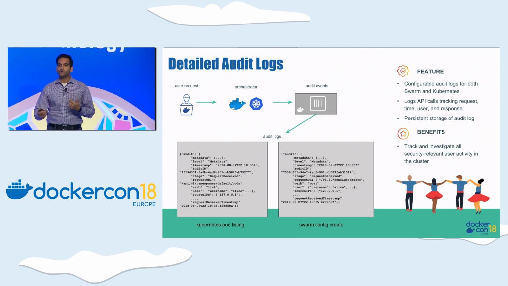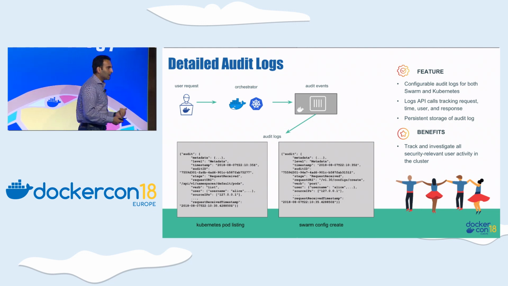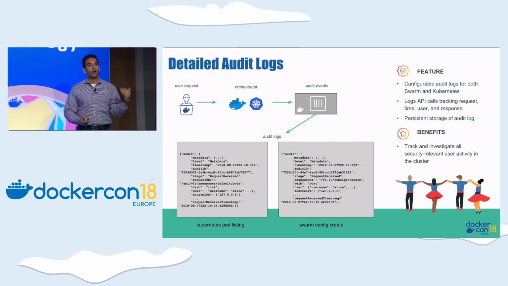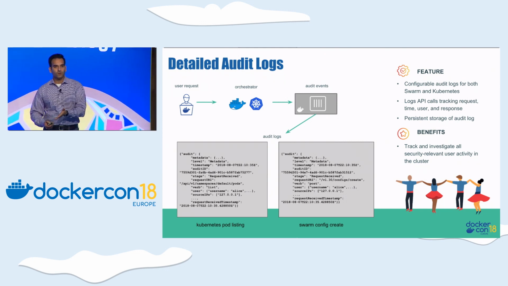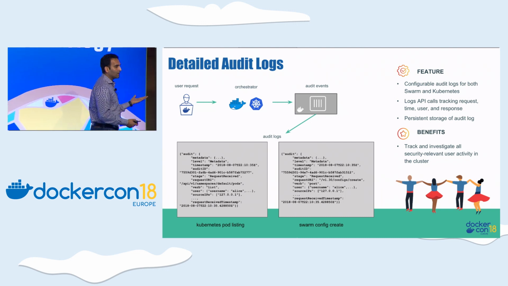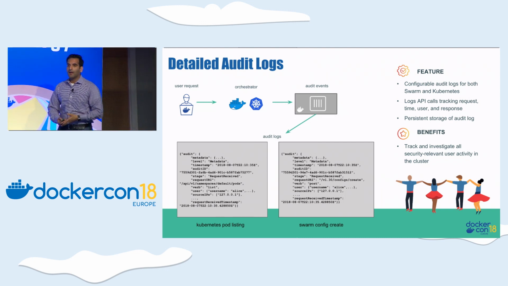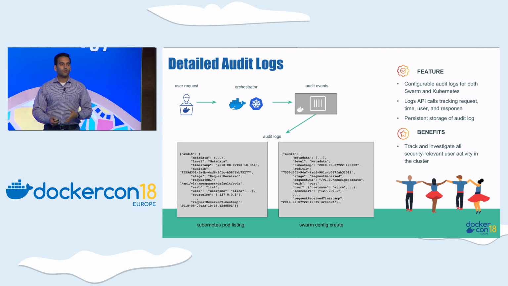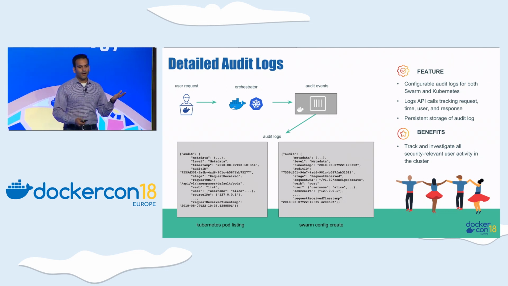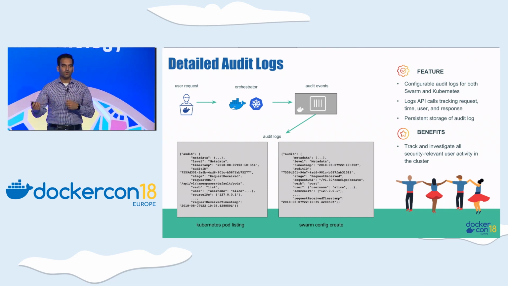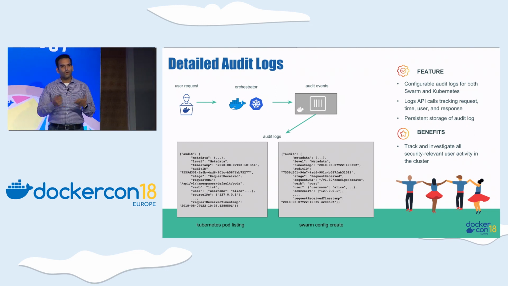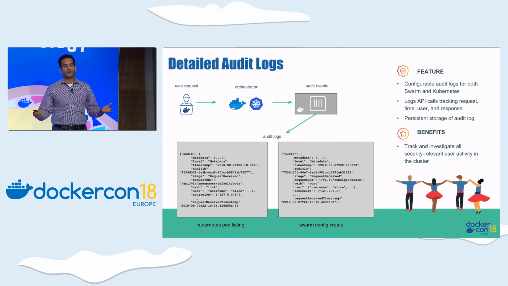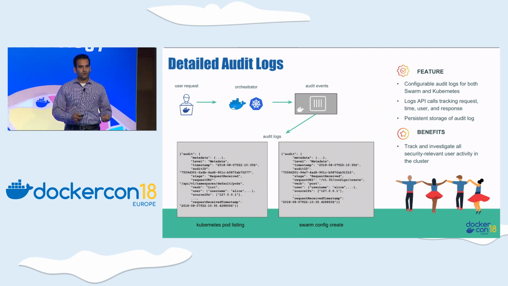So with Docker Enterprise 2.1, we've now added capabilities to have really detailed audit logs that show you which user has taken which action, which API calls have been made, what the responses have been, and we provide these detailed audit logs for both Kubernetes and for Docker Swarm as well. And you can extract these audit logs and integrate them with your existing SIEM solutions as well, so that you have a full dashboard that shows you across your container platform which users have taken which actions.